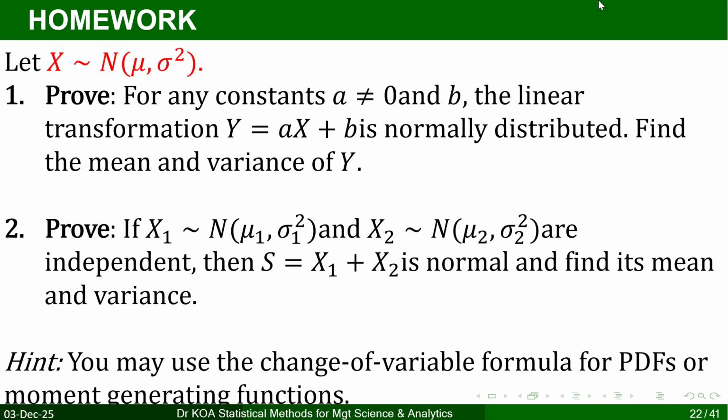I think we've done this. The second one: if X1 is normally distributed with the following, and X2 is also normally distributed with the following, and they are independent, then is X1 plus X2 normal? If so, prove that and find the mean and the variance.